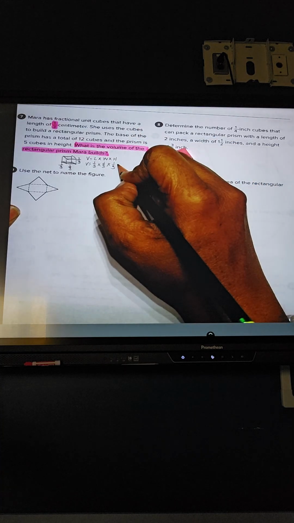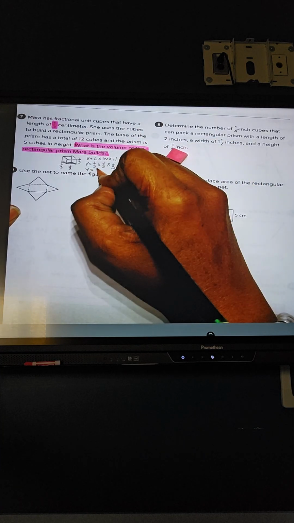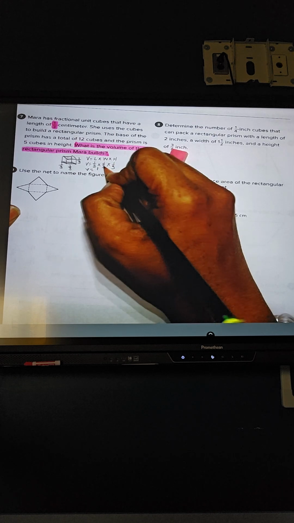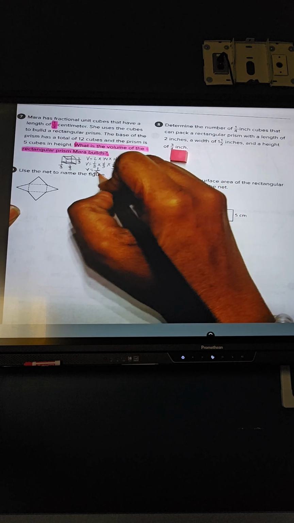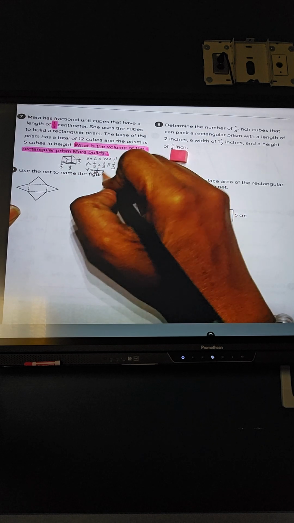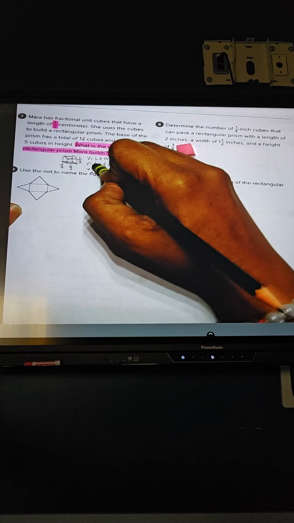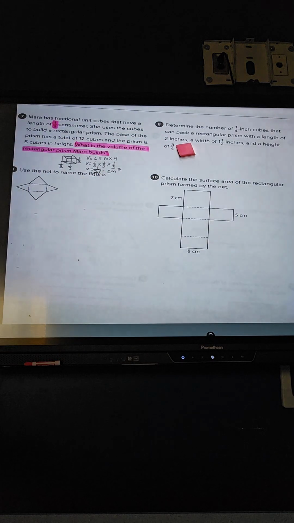Therefore, volume equals, 3 times 3 is 9, 9 times 3 is 27, equals 1/27 centimeter cubed. Okay, let me make that clearer to make sure that you can see that. 1/27. All right, now we have the volume of the 1 cube.